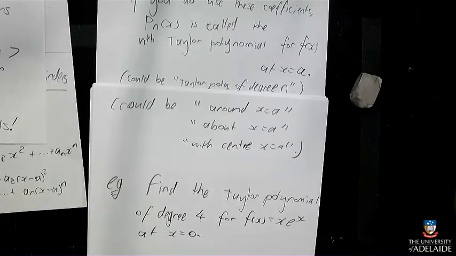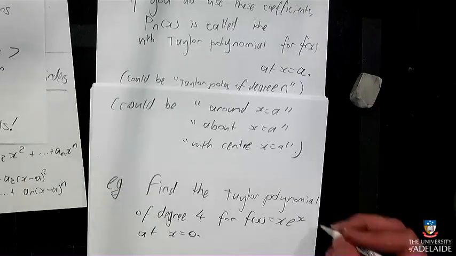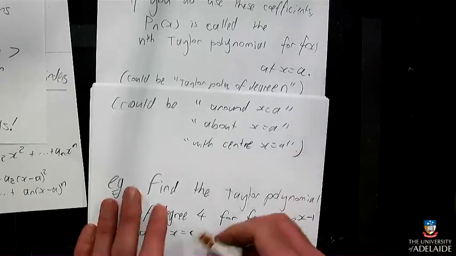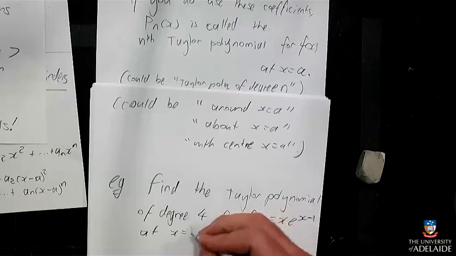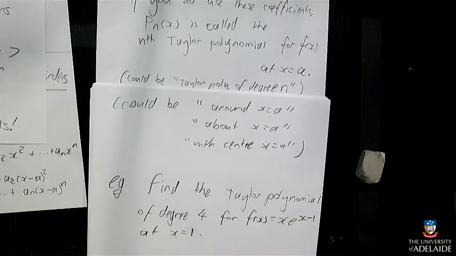Actually, can I just change the problem, if that's okay? I'm going to go x minus 1 at x equals 1, just so that you can see what it looks like when it's not 0. And I'll go change my picture on the computer as well.